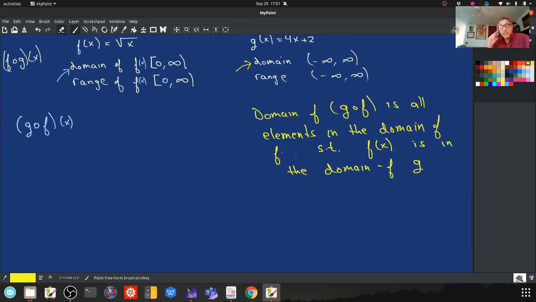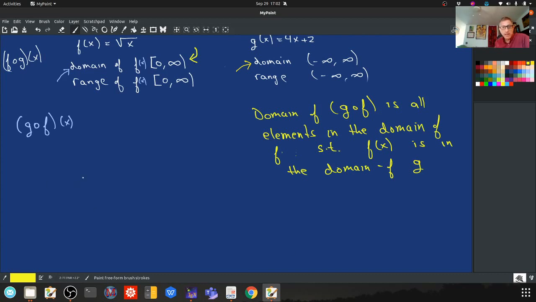So the resulting domain cannot be any bigger than 0 to infinity. So that's the important part. We start with looking at the domain of f, and then we're going to carve out some x values, or maybe not. Maybe we can use every x value in there.